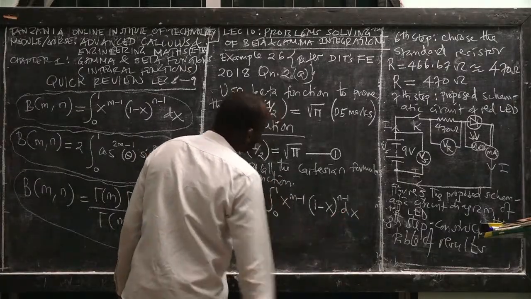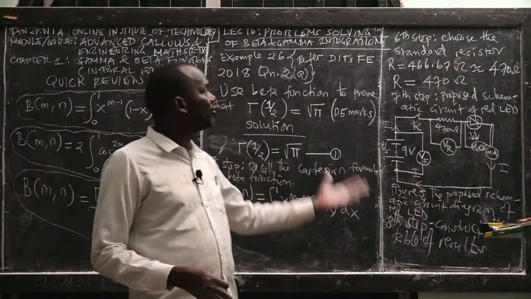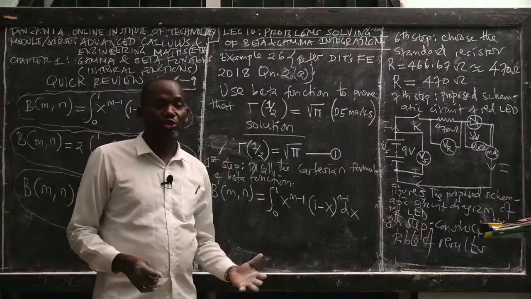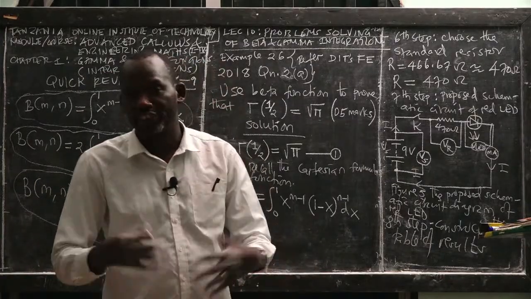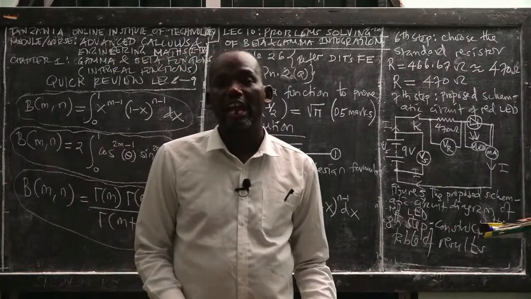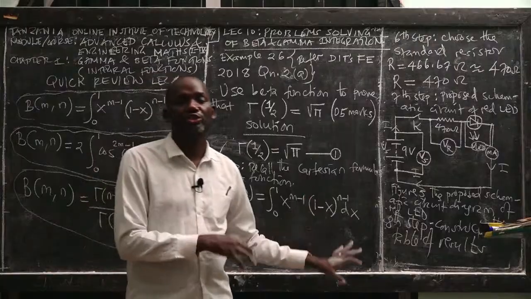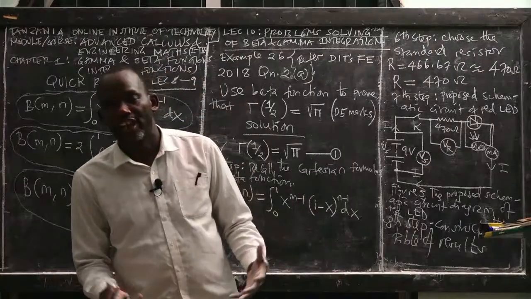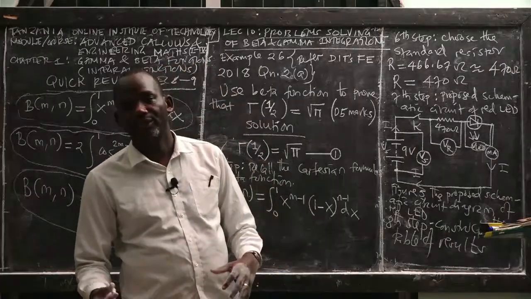If you're joining us right now, you're welcome to lecture 10, where I'm going to teach you how you can solve problems of beta and gamma integrals. My name is Olenjolai. I am a Tanzanian. I'll be teaching you this module using the Tanzanian curriculum, certified by NACTVET and TCU.